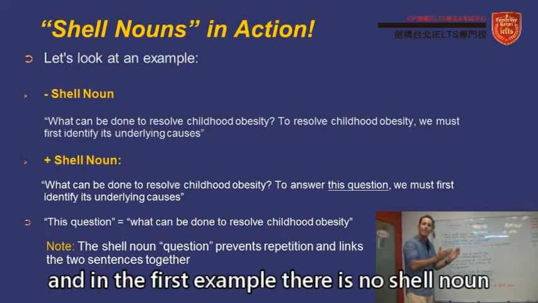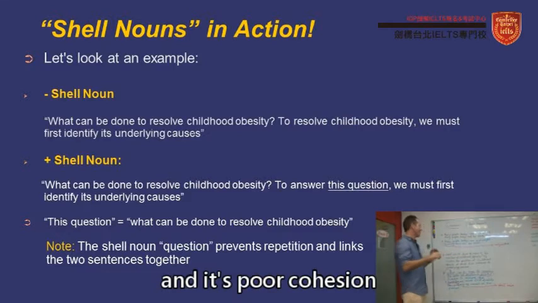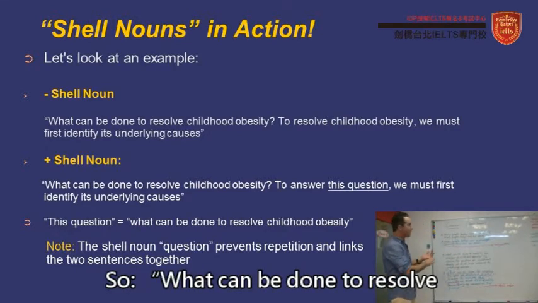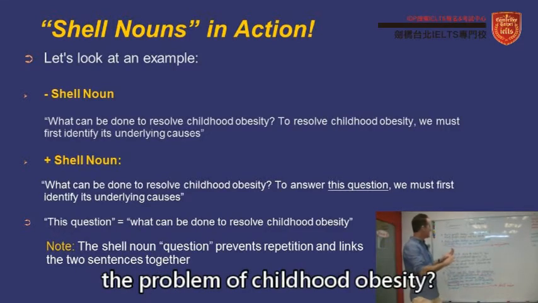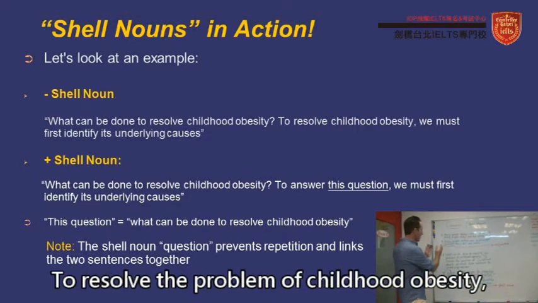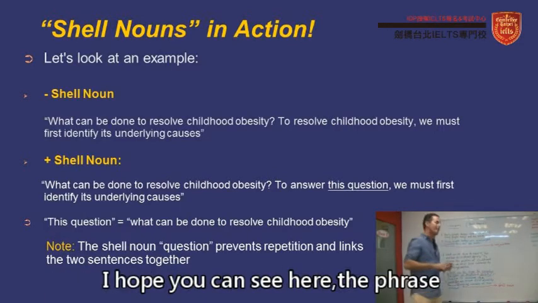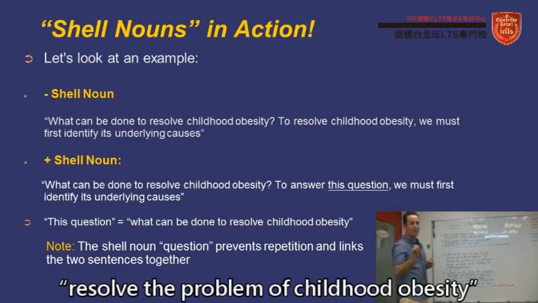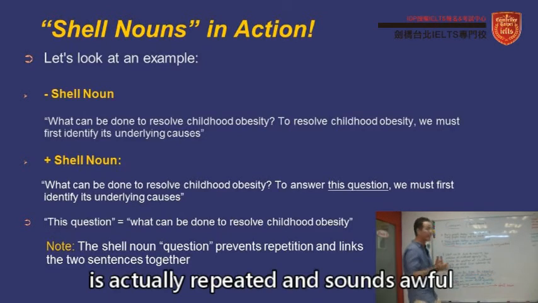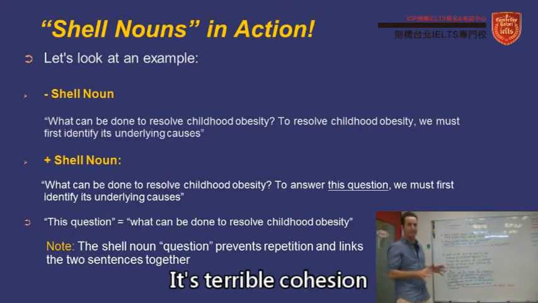And in this first example, there's no shell noun and it's poor cohesion. Okay, so what can be done to resolve the problem of childhood obesity? To resolve the problem of childhood obesity, we must first address its underlying causes. Hope you can see here that the phrase resolve the problem of childhood obesity is actually repeated, and it sounds awful. It's terrible cohesion.